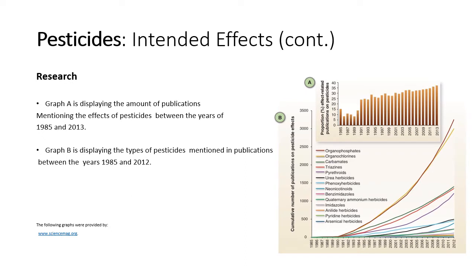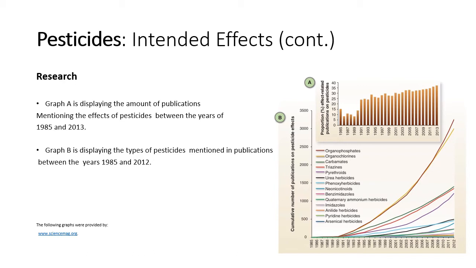The graphs on the right are: graph A displays the amount of publications that mention the effects of pesticides, and graph B displays the types of pesticides mentioned in publications, and they also have a connection with the effects of pesticides. Now, we can interpret from graph A that as the years go on, increasing up into the year 2013, the use of pesticides and their effects are being more heavily mentioned.